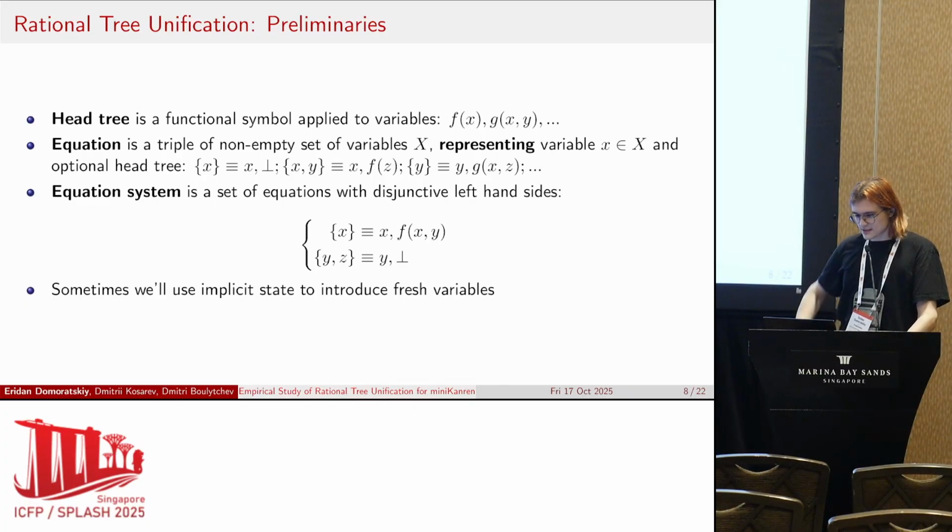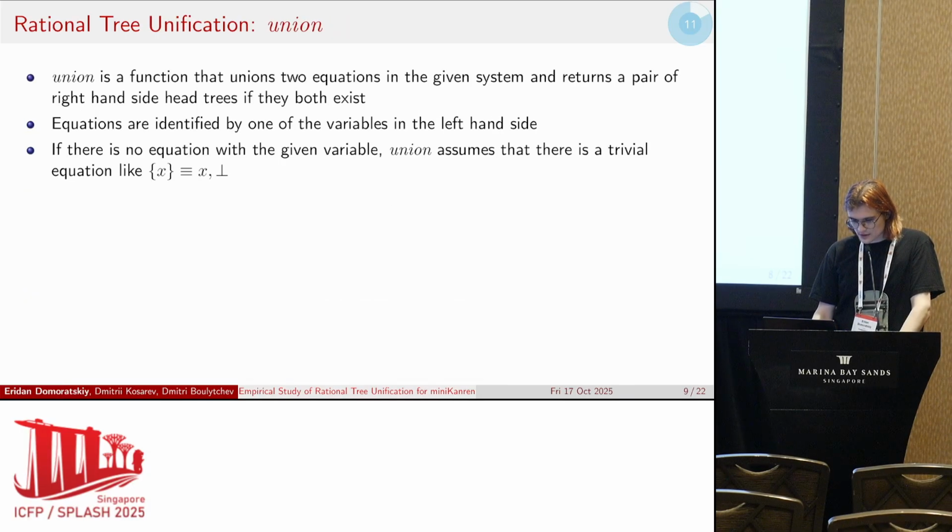An equation is a construction where several variables equate to one of them and possibly to a head tree that is the right-hand side. An equation system is just a finite set of equations with disjoint left-hand sides, and additionally we need to use state to introduce fresh variables.